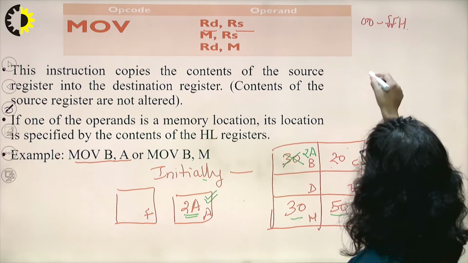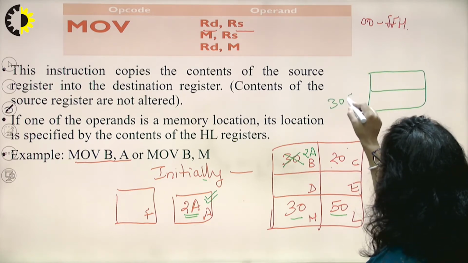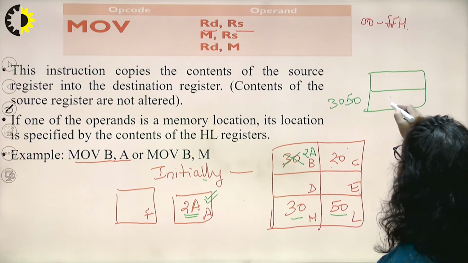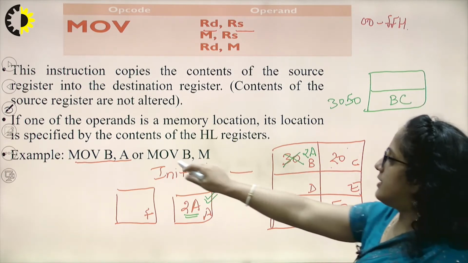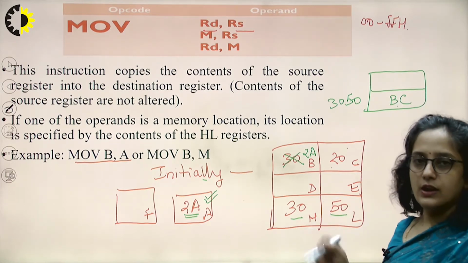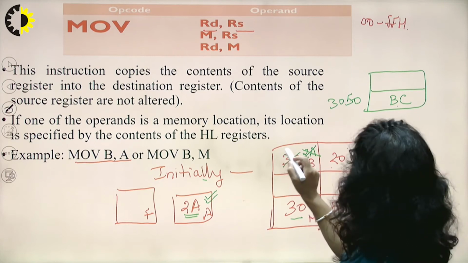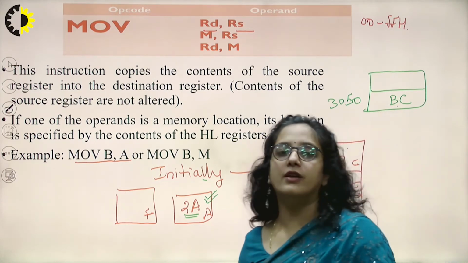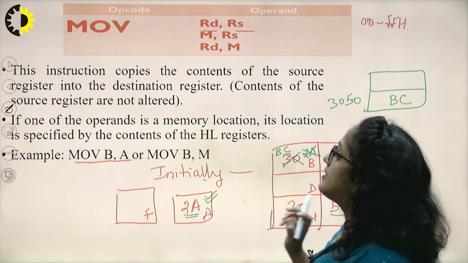So there will be a location 3050 in memory, and suppose the data stored in this memory location is BC. After this execution, the content of this location will travel on the data bus and be overwritten at B. Finally the content of B will be BC.